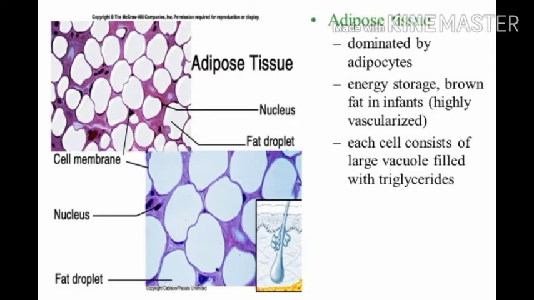These tissues are highly vascularized, meaning they have rich supplies of blood vessels. Each cell contains a large vacuole which is filled with fat droplets. Adipose tissue is found beneath the skin. In between the skin and the adipose tissue, we find the areolar tissue.